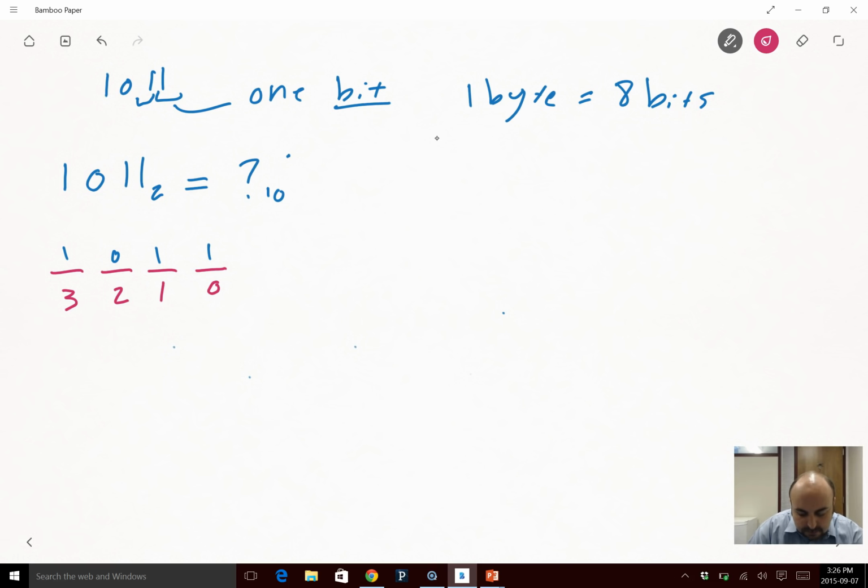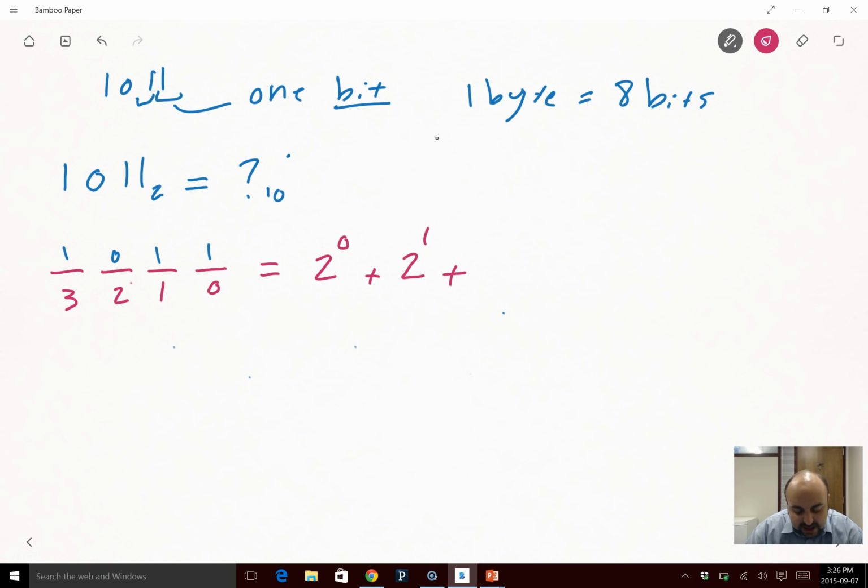Okay. So the way we would convert this is we're going to say spot 0, we have a 1, so we're going to have 2 to the power of 0, plus spot 1, we have another 1, so that means it's on again, so we're going to say 2 to the power of 1, plus spot 2, we have a 0. Because we have a 0, we're going to ignore that.